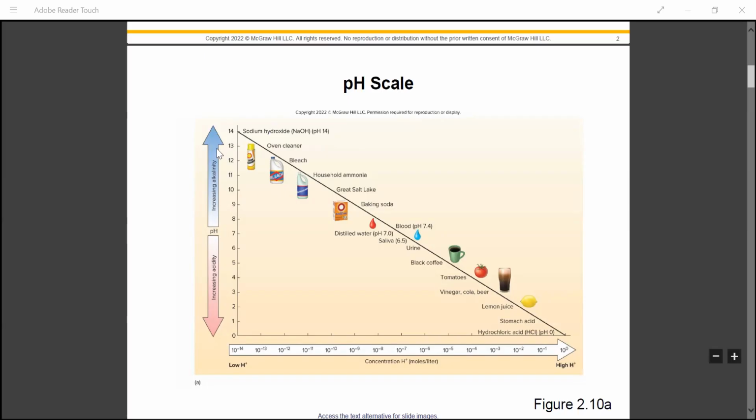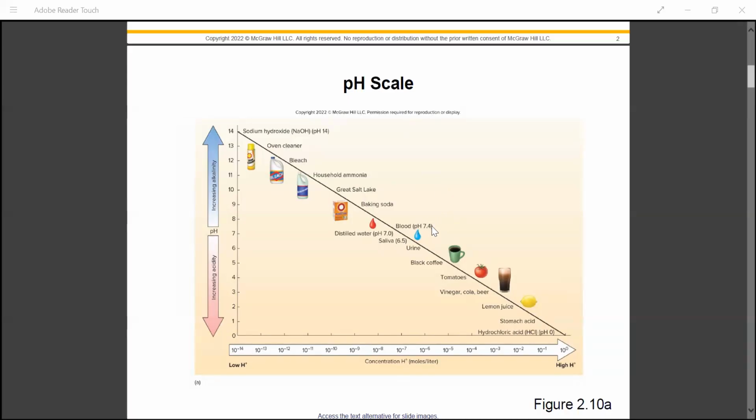So that's another term for basic, is alkaline, or alkalinity versus acidity. So if you see blood here, that's where we are concerned. Normal is about 7.4. So in our homeostasis conversation from last chapter, we talked about a set point as well as a normal range.